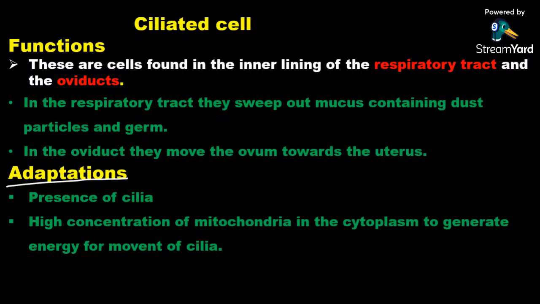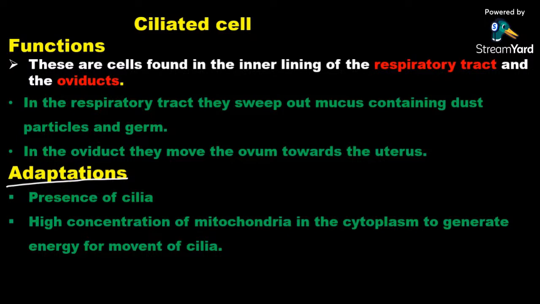If ciliated cells sweep out mucus containing dust particles and germs, what features do they have that enable them to perform this function? Those are what we call adaptations, the special features that make the cell perform that function. I guess you get this point.